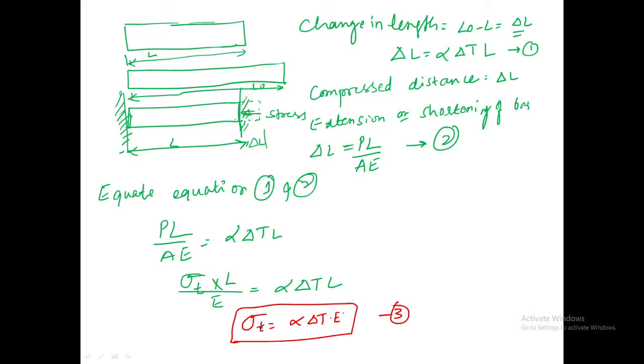Temperature stress can be calculated as the multiplication of the coefficient of thermal expansion with the rise in temperature as well as with the Young's modulus, right. This is the equation to find out the temperature stress in a component.